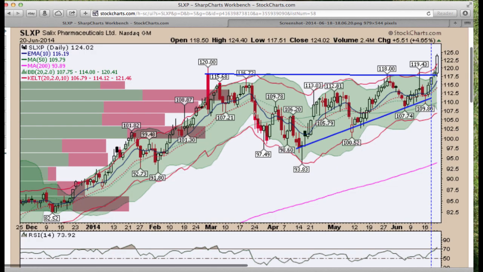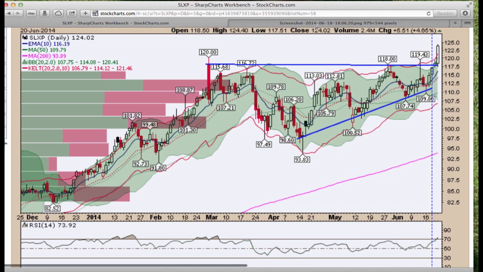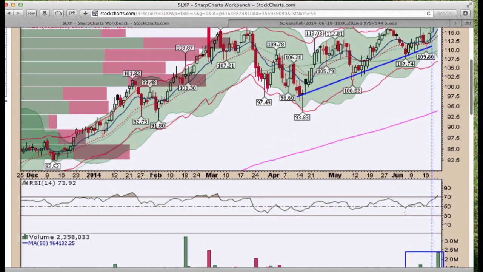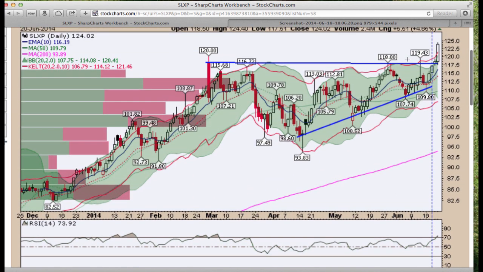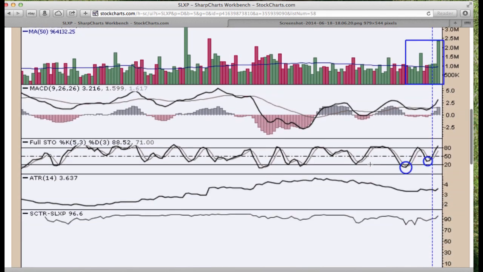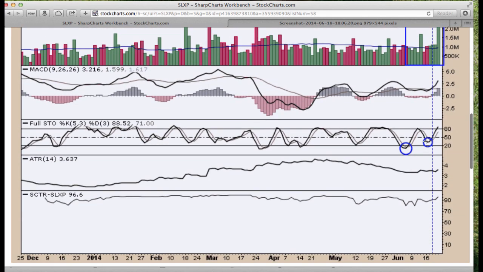And at the time, we were looking for the same thing. Stochastics had turned up here off of this bounce off this lower trend line of this ascending triangle pattern. We had a second bounce. We didn't get down as low as oversold again before we turned.